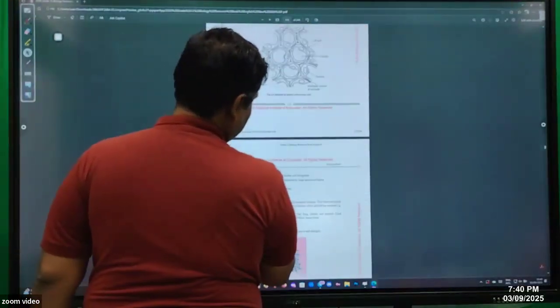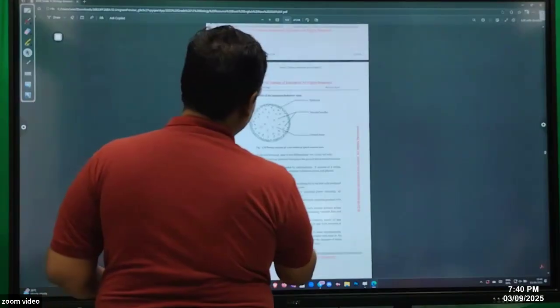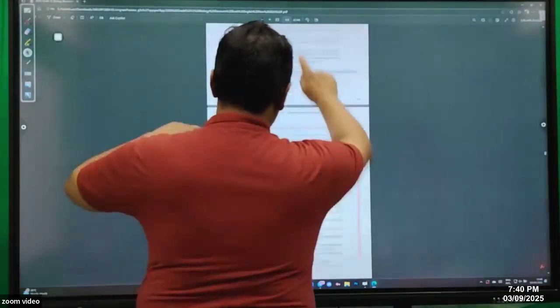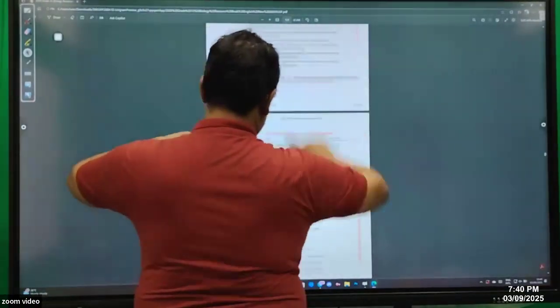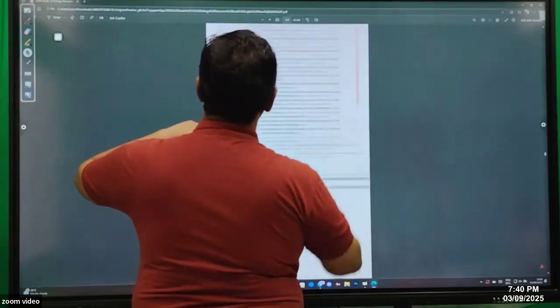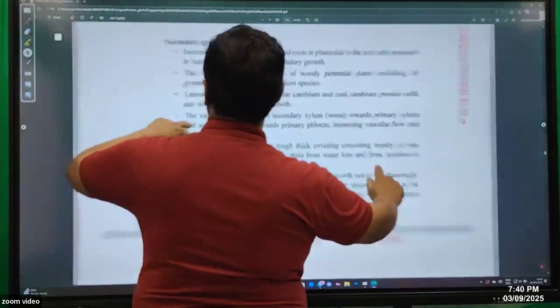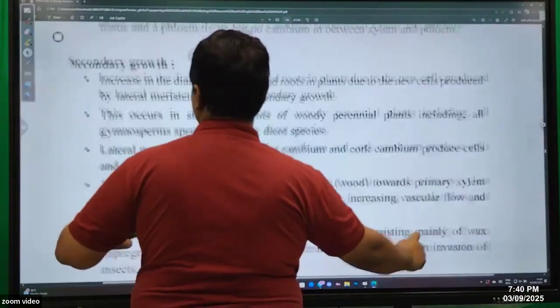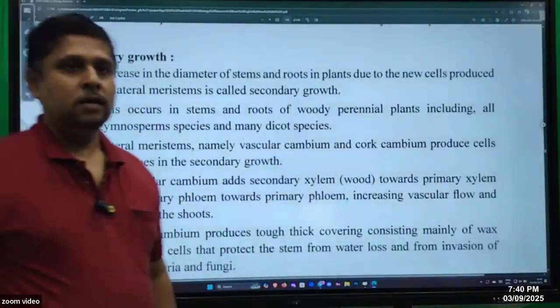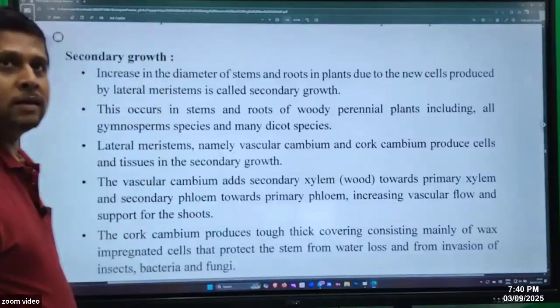Primary growth, secondary growth. Secondary growth in plants.